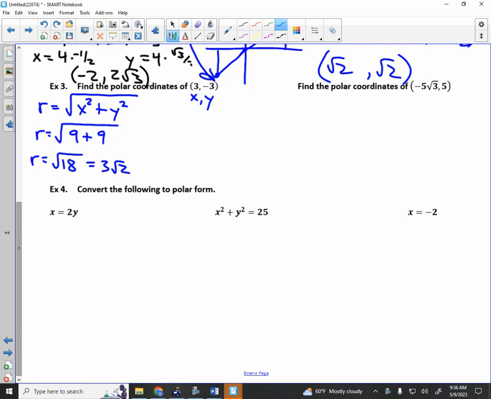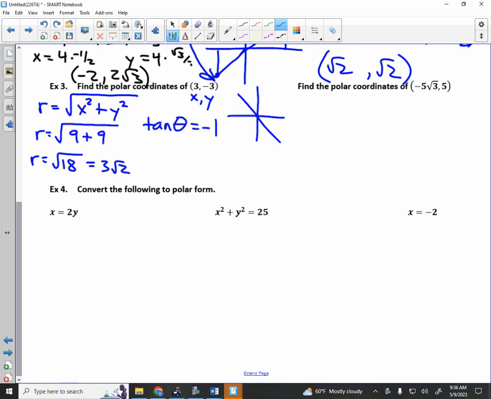Now we've got to find theta. So we said tangent of theta is equal to what? y over x. And y over x is going to give me negative 1. Okay? So where is tangent negative? In which quadrants? Second quadrant, fourth quadrant.